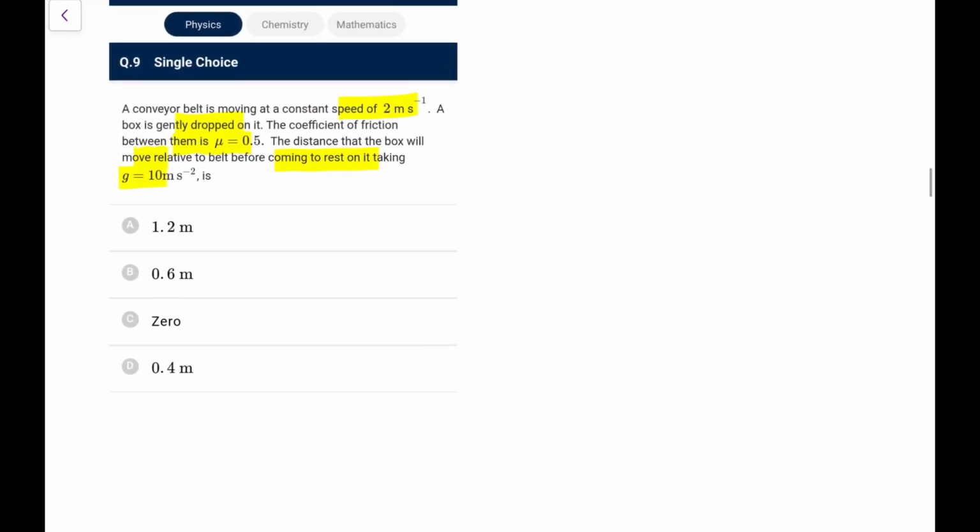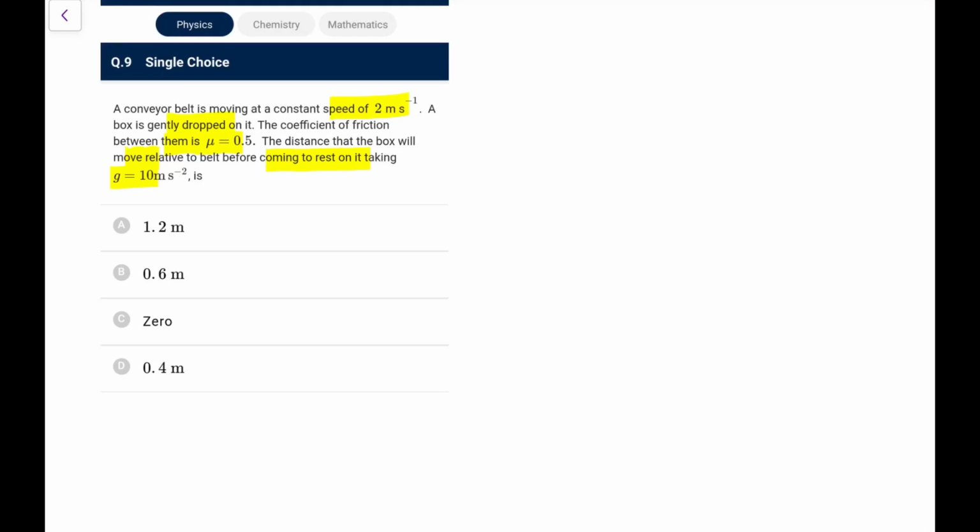Okay. Now, with respect to the belt, if I visualize the initial speed of the box, the relative speed would be going backward, minus 2, and acceleration relative would be forward due to the friction, which is mu g, that comes out as 5 meter per second square. And finally, when it comes to rest, v relative is 0, so we have to find the relative displacement.